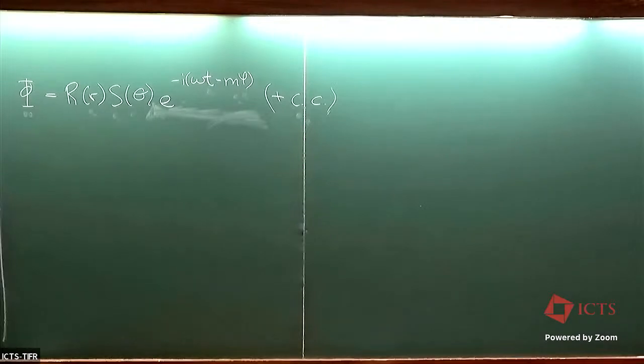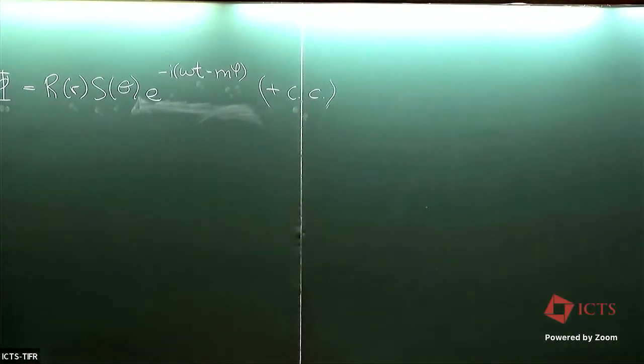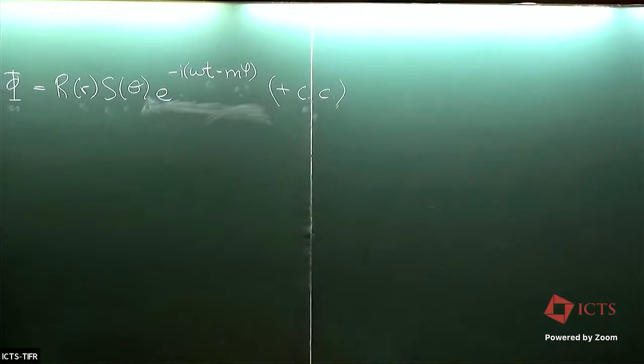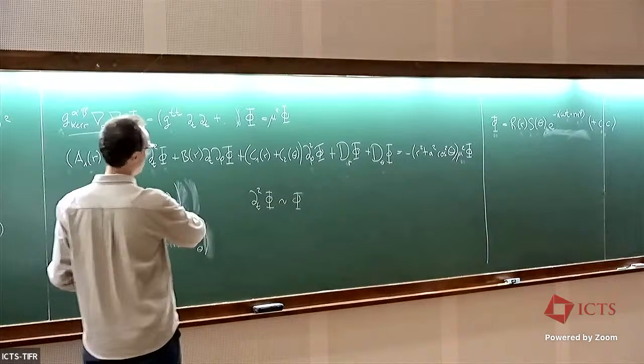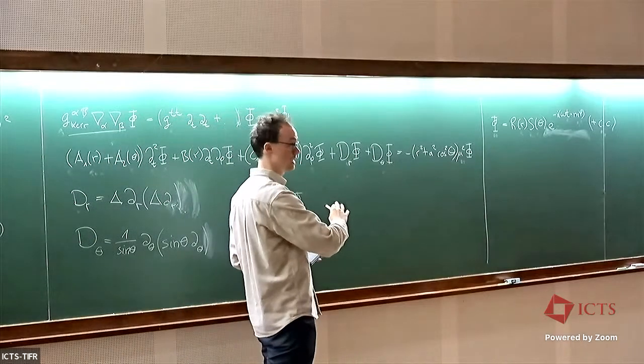Okay, and so what you can already see by looking at this equation is what I already said: if you plug this ansatz into this equation, then everything that depends on r is only added to everything that depends on theta.